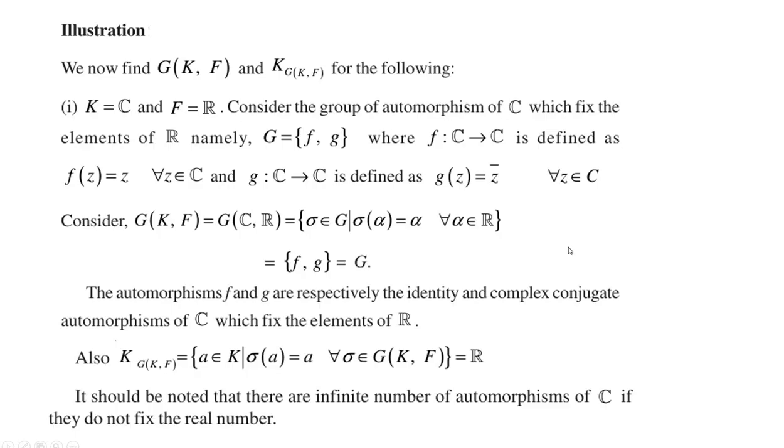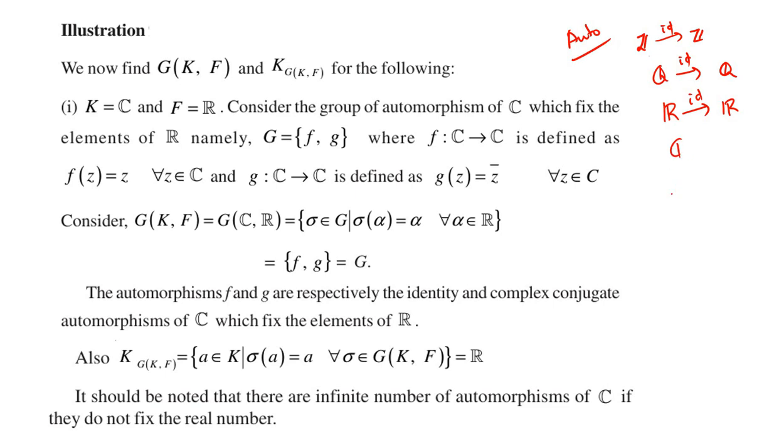We know already that for automorphisms from Z to Z, you have only the identity automorphism. From Q to Q, again it is the identity. And when you consider R to R, only the identity automorphism. Only one automorphism that you have, nothing but the identity, as far as Q and R are considered.